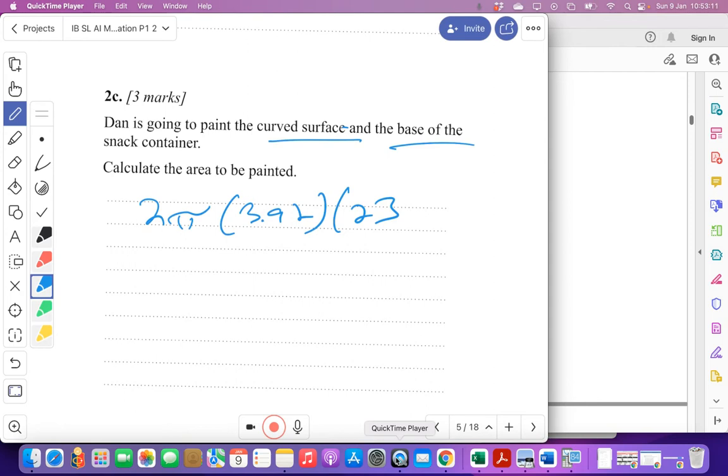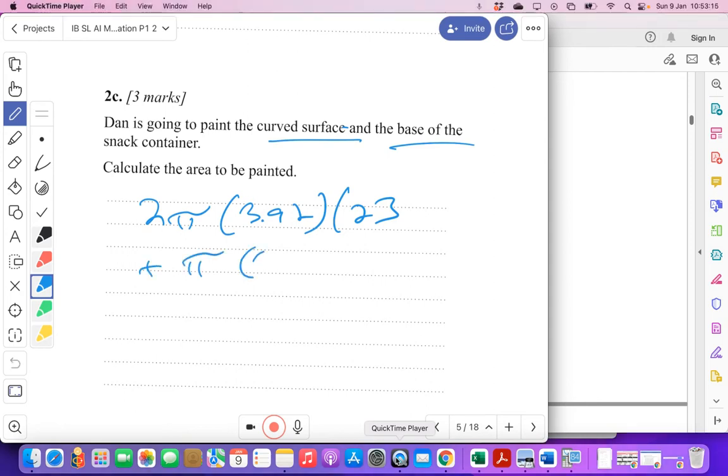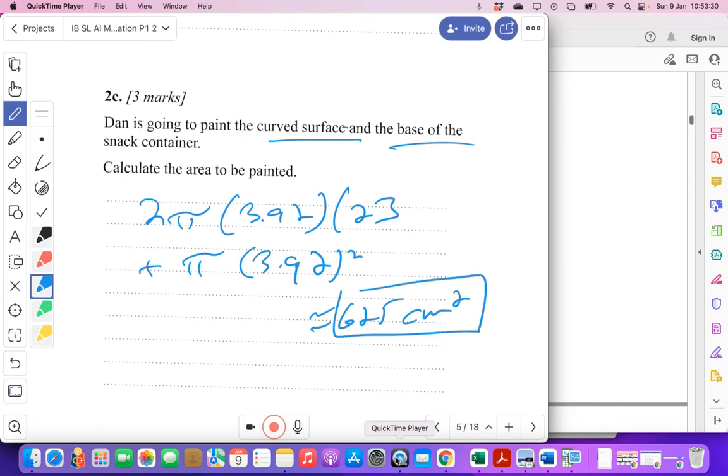Don't forget to add the bottom. So add pi times 3.92 squared, because again it's the curved surface plus the circle on the bottom, and when I did all that calculation, I got about 625 centimeters squared that has to be painted.